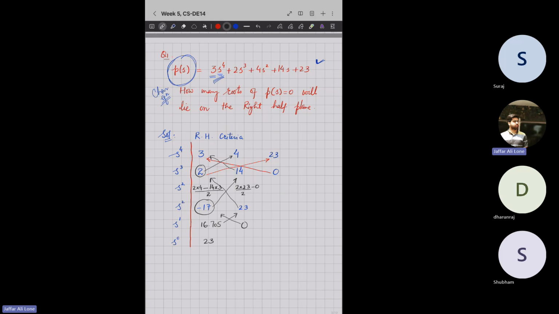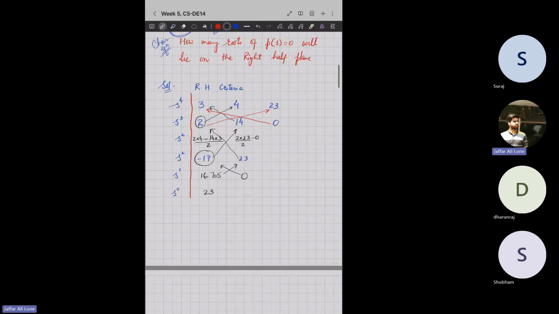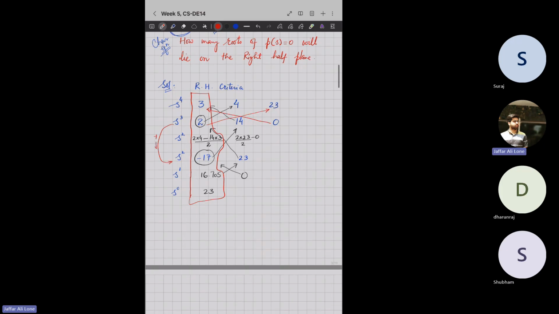Now what do you have to do after this? You have to examine the number of sign changes in the first column. Just examine this first column and see how many sign changes there are. Going from S3 to S2, I am going from plus to minus, so there is one sign change.